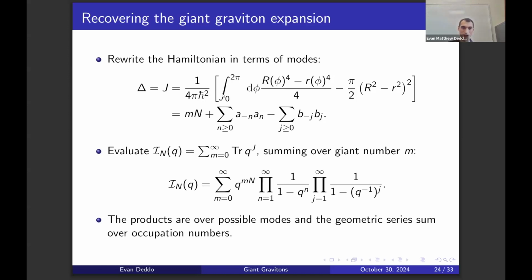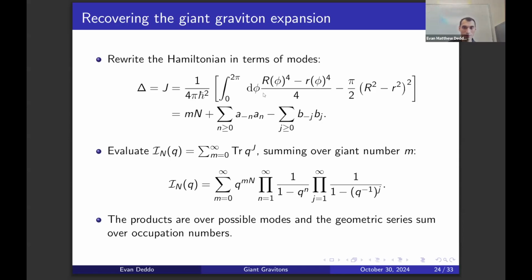Once we do this computation, we can rewrite this as an integral over the boundaries of the droplets. So we have the boundary of the outer droplet, the boundary of the inner droplet, or the inner hole. And then we have some subtraction, which was related to the full area of this configuration in the LM pictures.